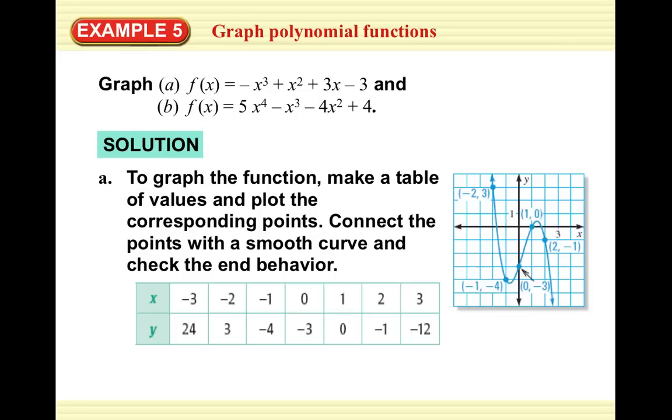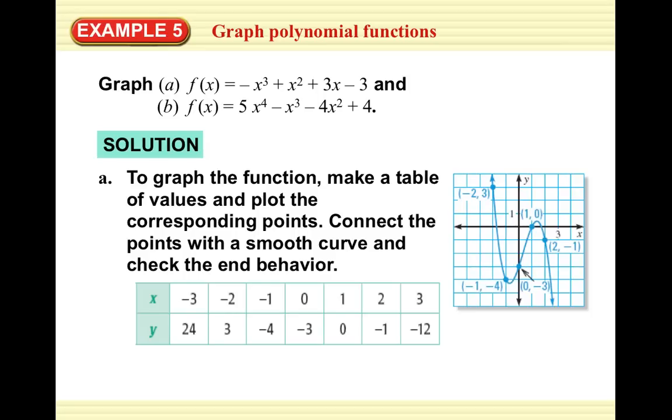So when we look at the end behavior back on page 97, if I have an odd degree for my polynomial, my graphs are going to go in opposite directions. As x becomes greater, we notice that the y value becomes negative, goes towards negative infinity, and as x goes towards negative infinity, the y value goes up towards positive infinity.